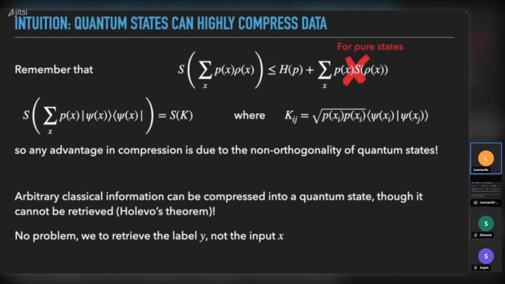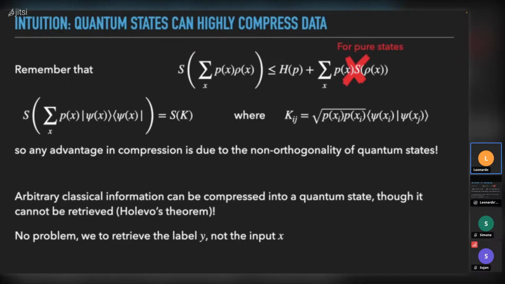You simply can put your cat images into different points in the Bloch sphere. But you cannot retrieve that information because of Holevo's theorem. But for us, that's not a problem because we don't want to retrieve the input x. We want to retrieve the label y.